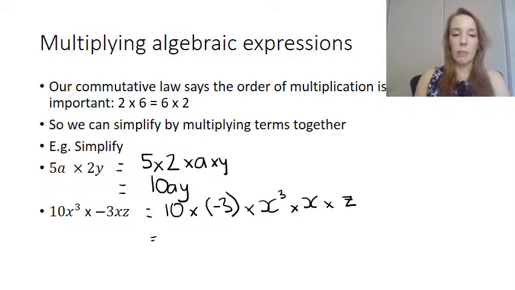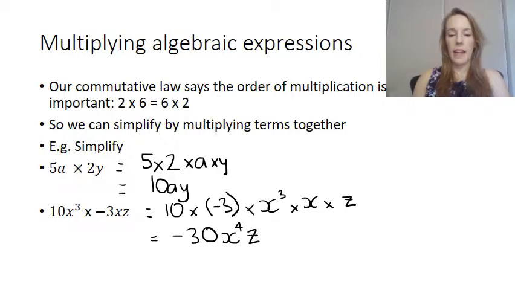And then we can simplify. So 10 times negative 3 is going to be negative 30. Now, x cubed times x is going to leave us with x to the power of 4, and z on the end. So multiplying algebraic expressions is pretty simple.